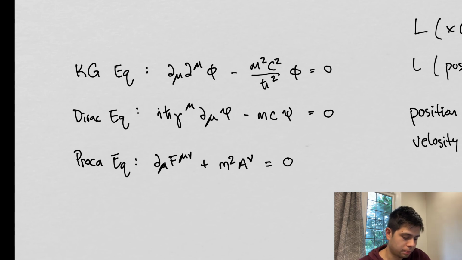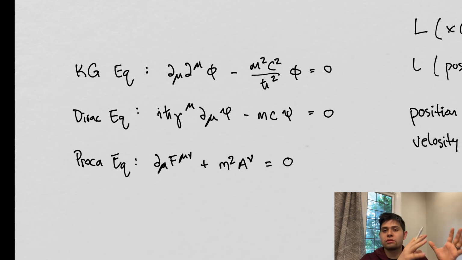Then we have the Dirac equation, which looks like this. Again, these might look a little bit obscure to you, and we'll go through derivations of these. But here's the Dirac equation. We have a Dirac-Lagrangian, just like we have a Klein-Gordon Lagrangian.